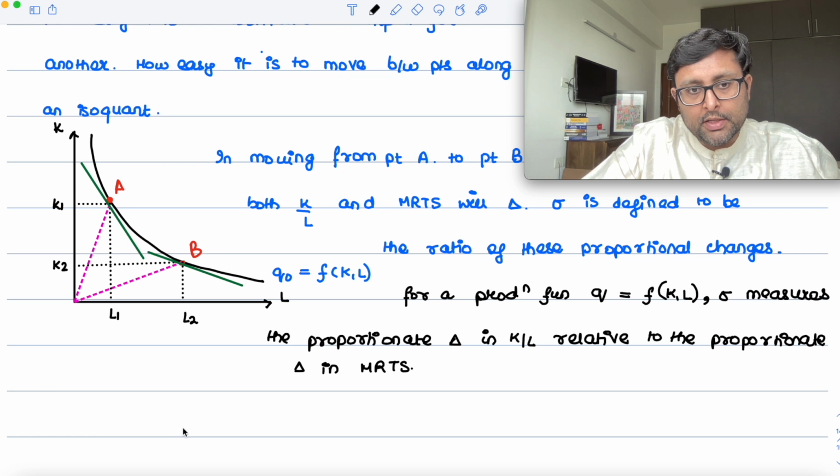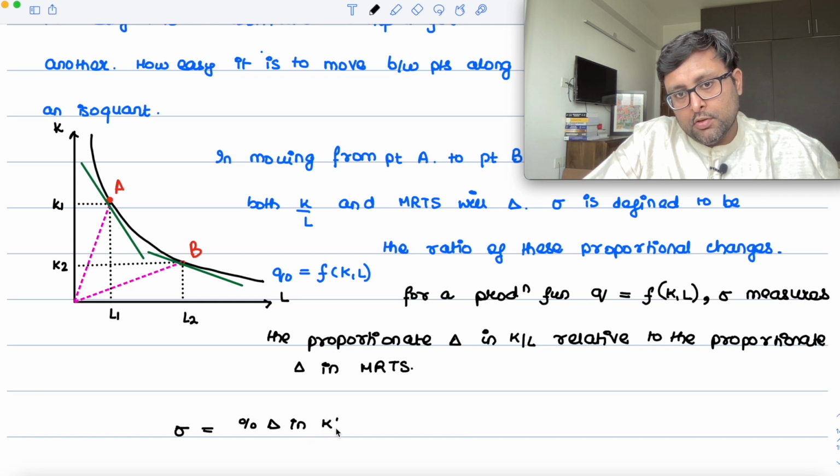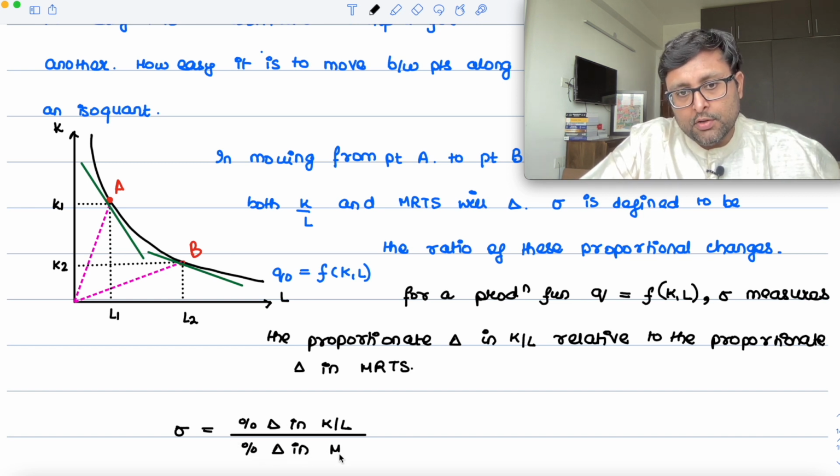So basically you mean this: proportionate change in K by L upon proportionate change in MRTS.